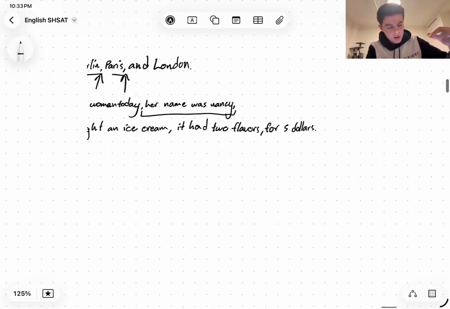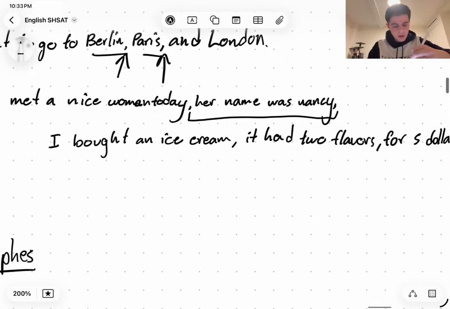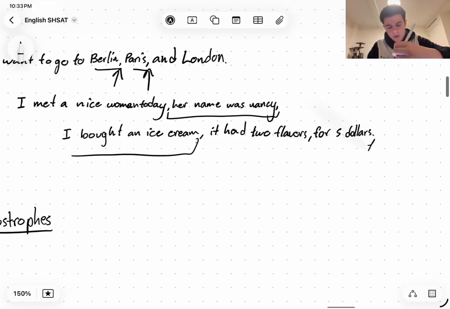Right, by doing this, I'm saying I bought an ice cream for $5, right? That's the important part. Basically, if you can cut this part of the sentence out and it still stands on its own, you can put commas around it. I'm saying, okay, the flavors is non-essential information. So I can say I bought an ice cream, it had two flavors, for $5, right? That's kind of like a side thing that I'm just putting in for additional information.